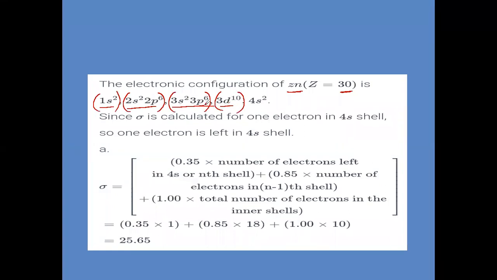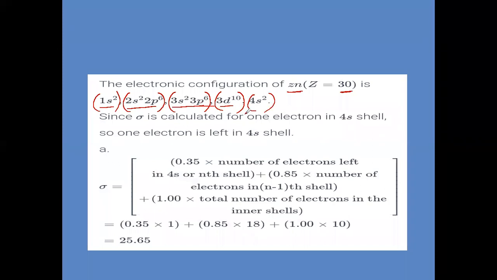Here s and p are taken as the same group, 3s and 3p. We group d and f orbitals together, but f orbitals are not there here. So d is written separately after 3s and 3p, and next 4s.